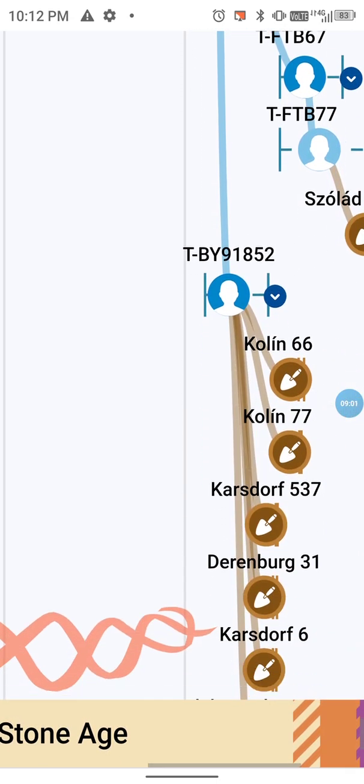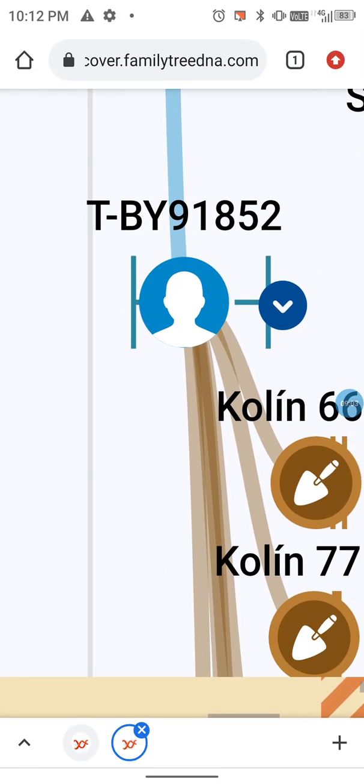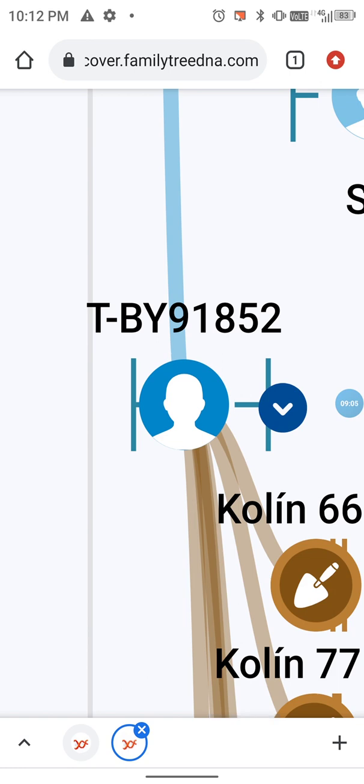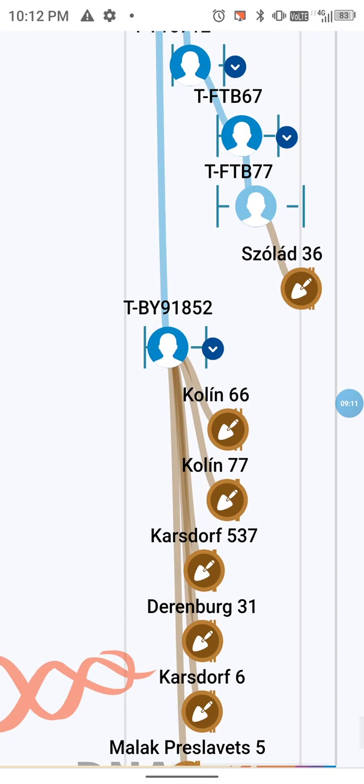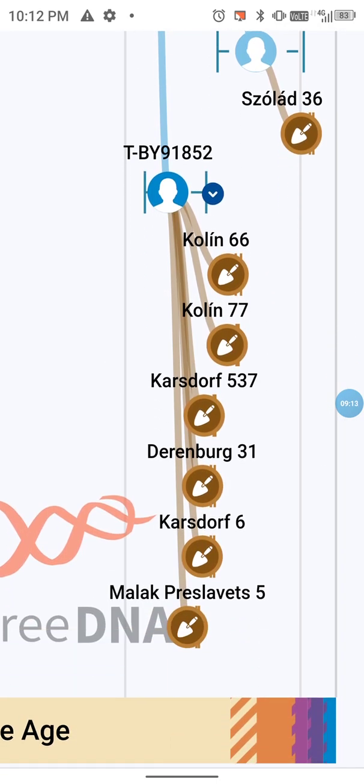All the way down to this SNP, T-BY91852. And at this SNP, you see these finds, these samples, ancient samples that were found at archaeological sites, and many of them are in Europe.